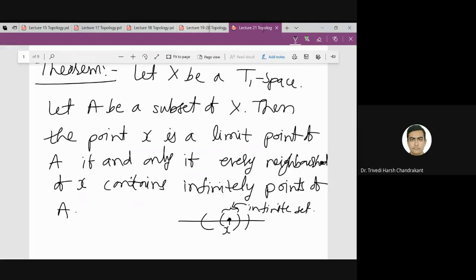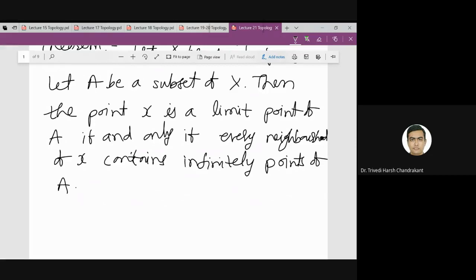So if this condition holds, then only we say that x is a limit point. The same thing we are proving here for the general T1 space. R2 is a Hausdorff space, and our real line is also a Hausdorff space. On the real line, instead of open disks, we consider open intervals, so we can differentiate any two points by open intervals.